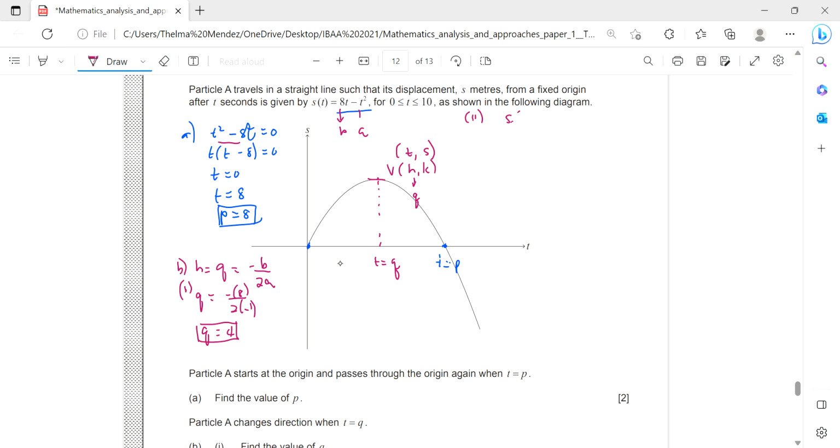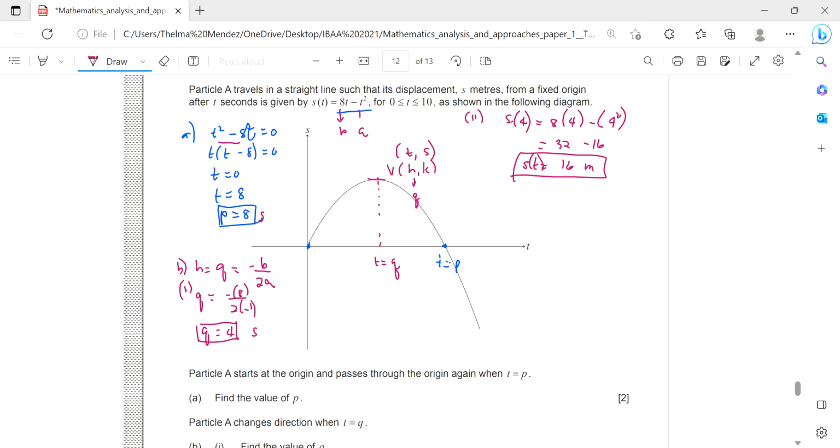So our s of 4 is equal to 8 times 4 minus 4 squared. So it's equal to 32 minus 16. So it's equal to 16 meters. By the way, these are in seconds. So s of t equals 16 meters.